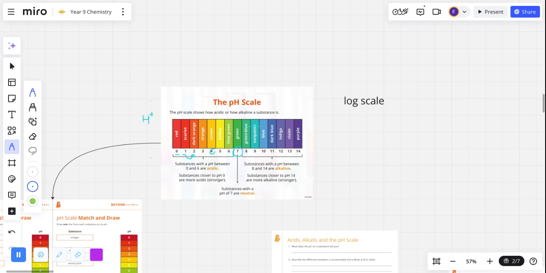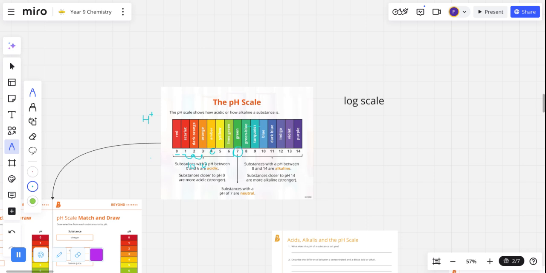That's what I mean by a log scale. And it is true for the Richter scale as well for earthquakes. So a pH of 1 is 10 times stronger than a pH of 2. A pH of 2 is 10 times stronger than a pH of 3. So something with a pH of 1 is 100 times stronger than something with a pH of 3.